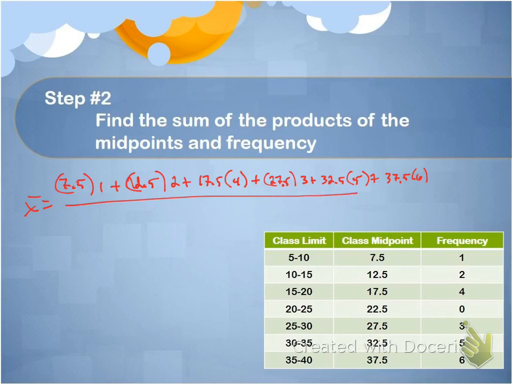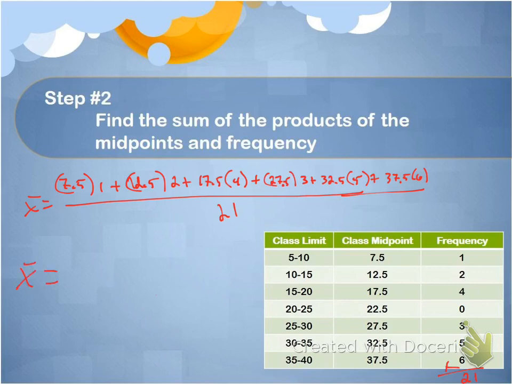Then we divide that by the total number of data, so just add these up: 1, 2, 4, 0, 3, 5, 6 gives 21. There are 21 data entries. We just don't know exactly what those data entries are.